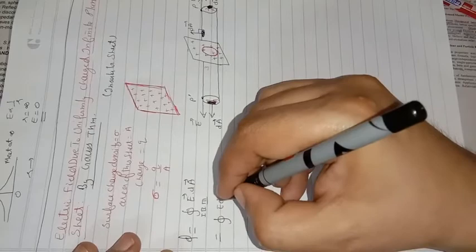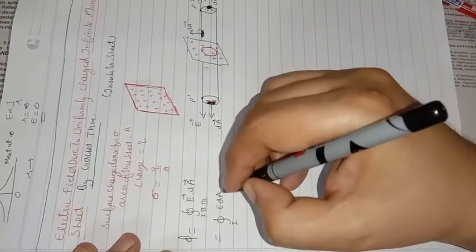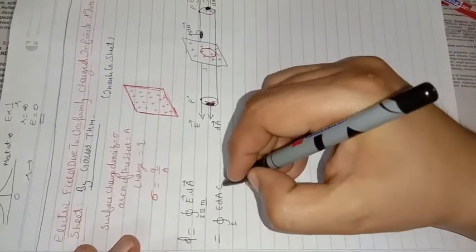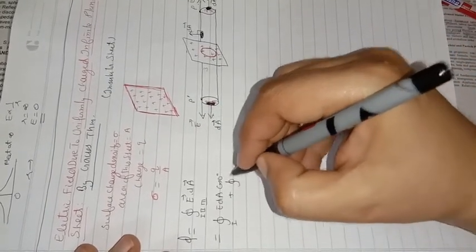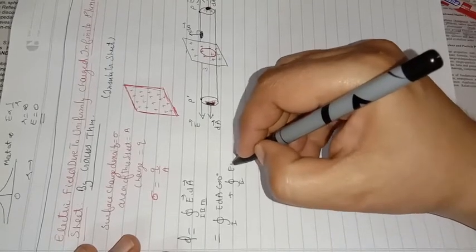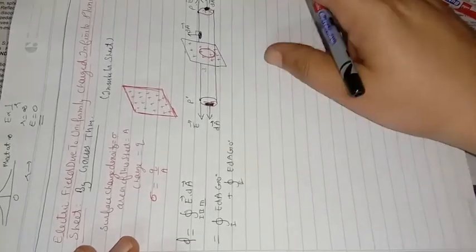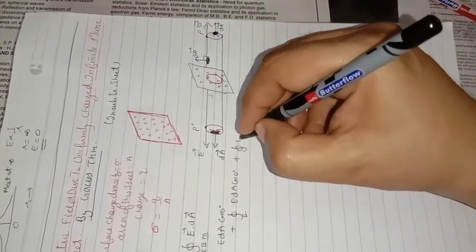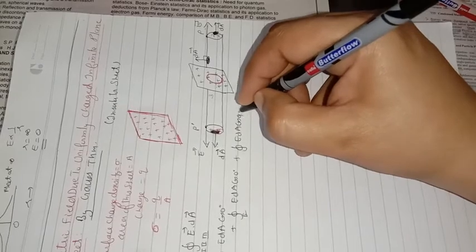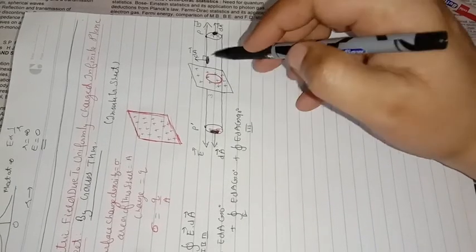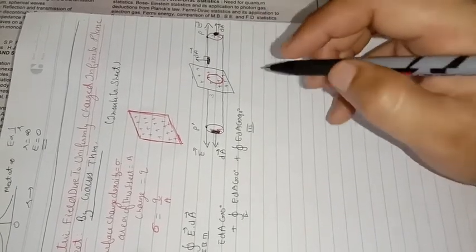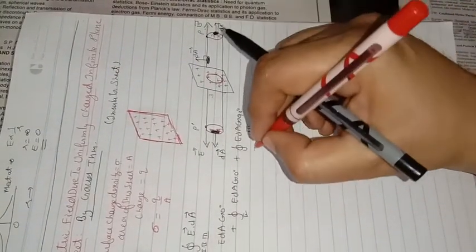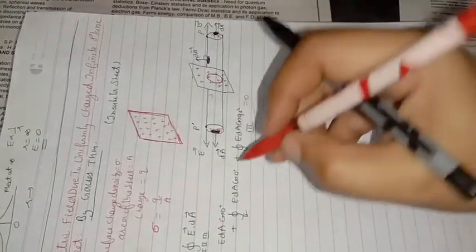For the first surface, we have E and dA in the same direction, so E dA into cos 0, plus for the second surface E dA again into cos 0 because both are in the same direction, plus E dA into cos 90 degrees for the third surface. Field and area vector are normal to each other. So this whole term will be equal to 0. Cos 90 is 0, cos 0 is plus 1.